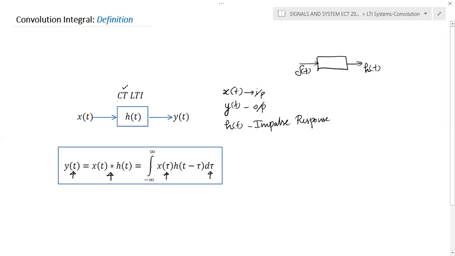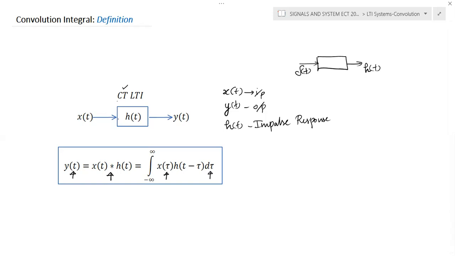So y of t is defined by the integral from minus infinity to infinity of x of tau into h of t minus tau d tau. So this is a very basic idea about the convolution integral, and we already discussed how we get this particular equation. That's the theory part.